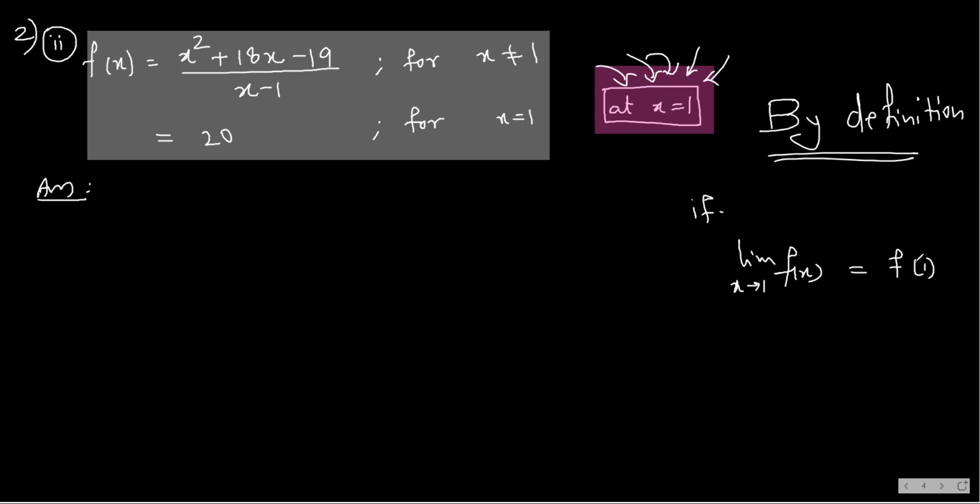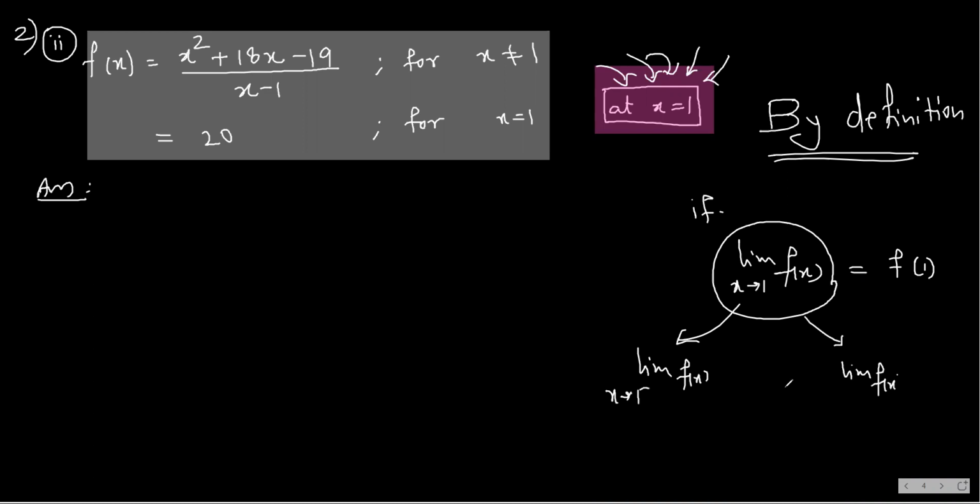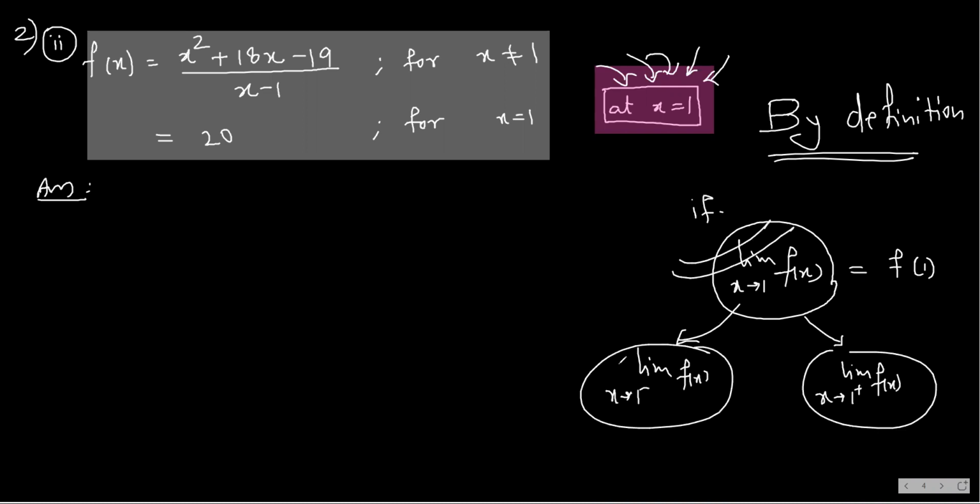So what I will do, I will first find out this. And remember, when I'm going for this, I don't have to find the left hand limit and the right hand limit at 1. No, I will not have to find these two here. I will directly find this. Why not to find this and this?